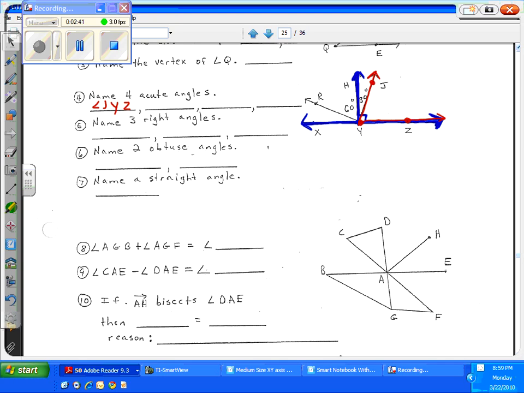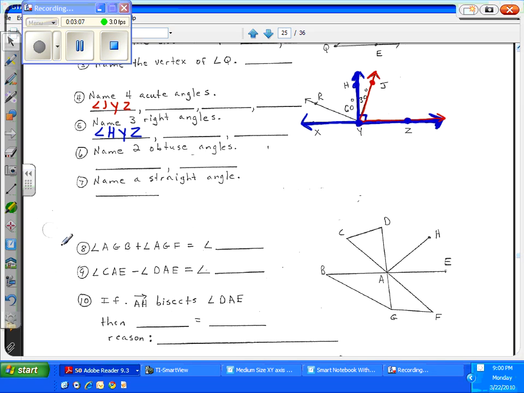One of the right angles is this straight down and straight over. We could start at H, go to the vertex Y, and over here to Z, and so we could call that one angle HYZ, and you can find 2 more in that picture. You may have to add up some stuff to get there, you know.